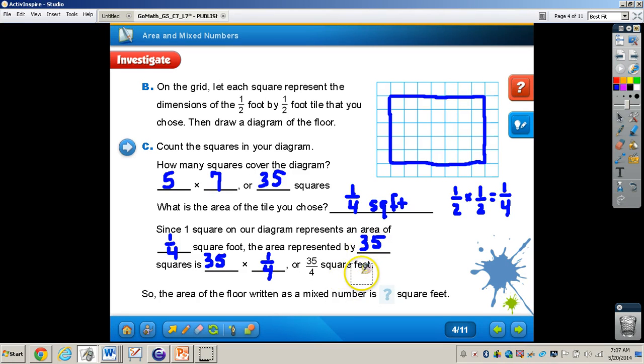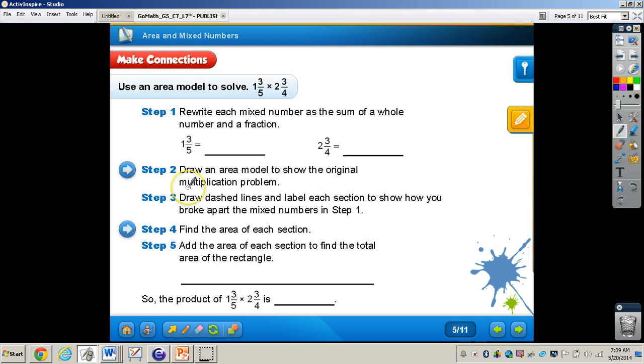Okay, so the area of the floor written as a mixed number is actually 8 3/4, because we multiply the numerator by the numerator. That gives us 35, and the denominator stays the same, giving us 4, for a grand total of 8 3/4.